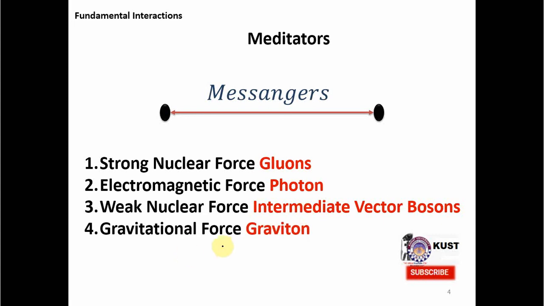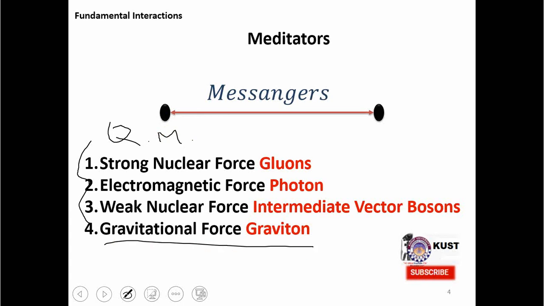The last force is gravitational force and its mediator is the graviton. It is important to note that this graviton is still not detected because gravity is also not quantized. So these 3 forces are quantum mechanical, but gravity is still a classical theory, and therefore its mediator, a hypothetical particle graviton of spin 2, is still at large and is not detected.